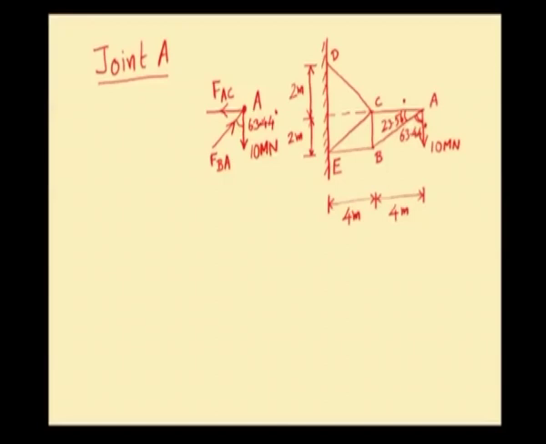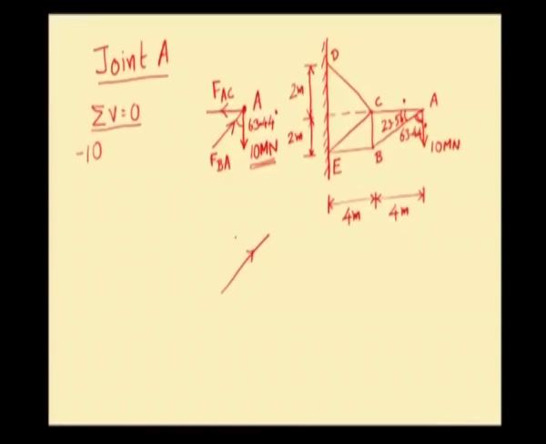First of all, we shall apply the condition sigma V equal to 0, algebraic sum of all vertical forces at joint A is 0. This 10 meganewton force is acting in the downward direction and hence it will have minus sign. So, minus 10. Now, let us consider FBA.